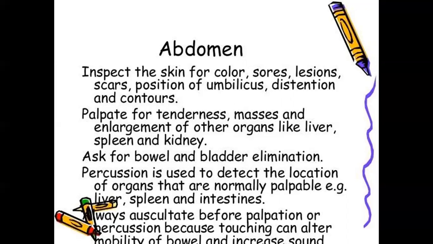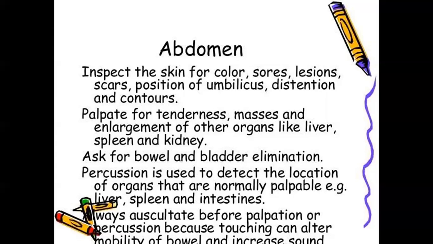Then percussion you have to do to find out whether there is any abnormal presence of fluid or gases or not. Also you can locate the margins of the organs such as intestine, spleen or liver.